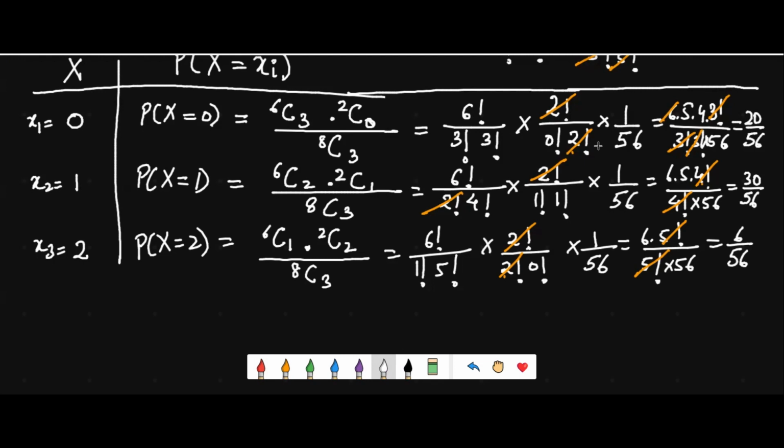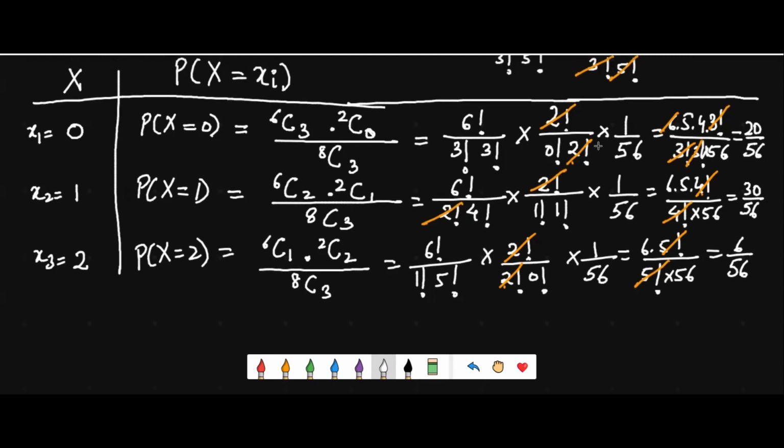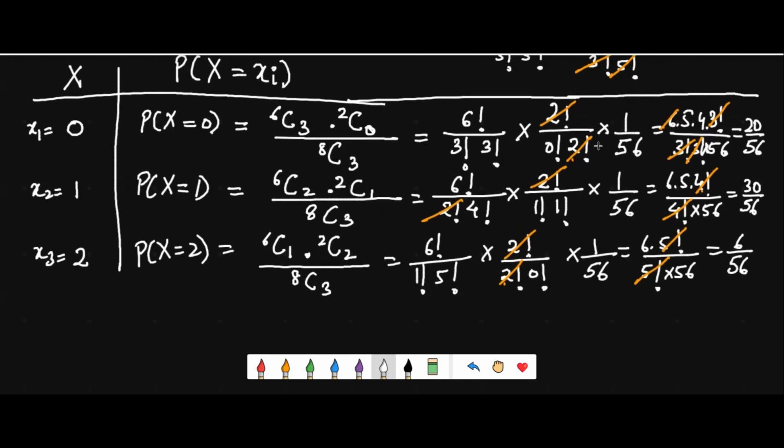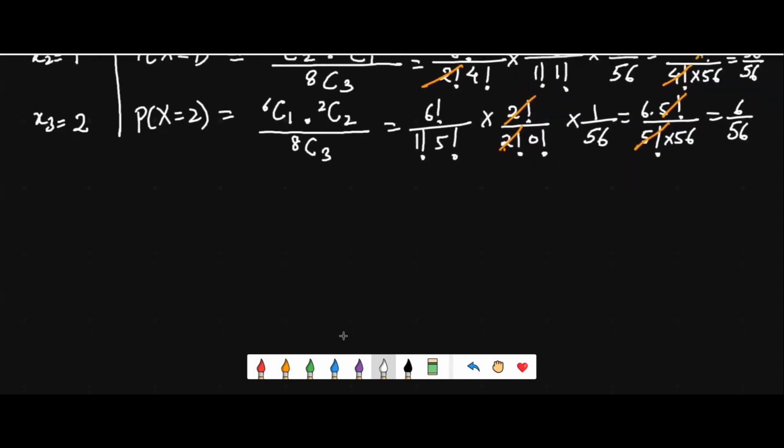And now we can easily calculate the expectation of the X, that is the number of the defective items he has drawn. So now the expected value of X is, because this is a discrete random variable question, we will take summation i going from 1 to 3 because we have x1, x2, x3.